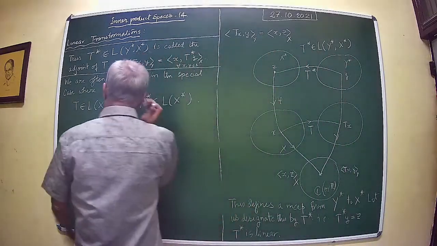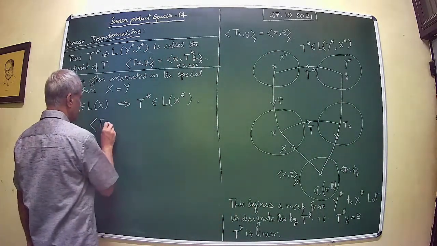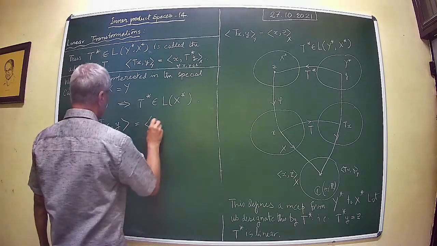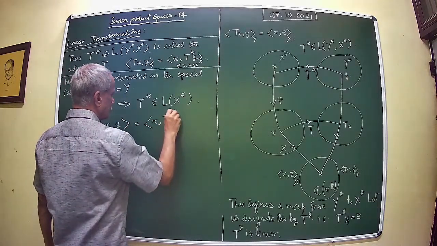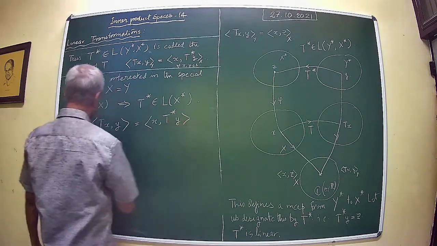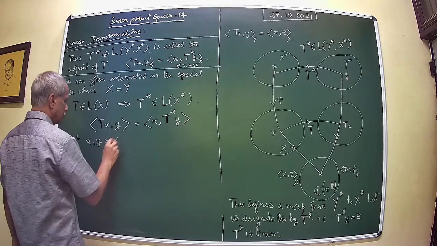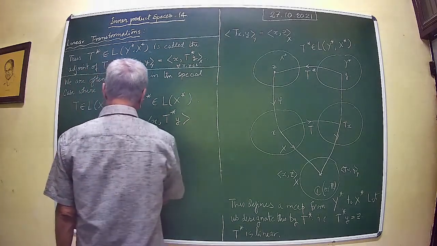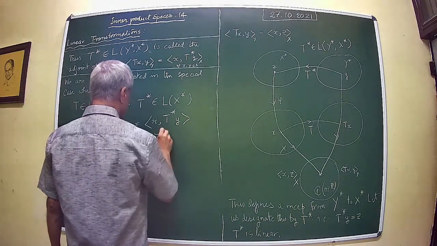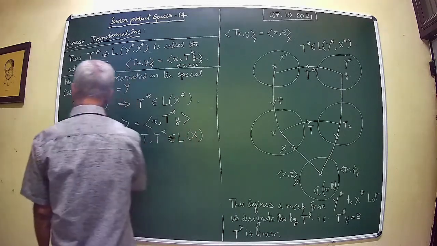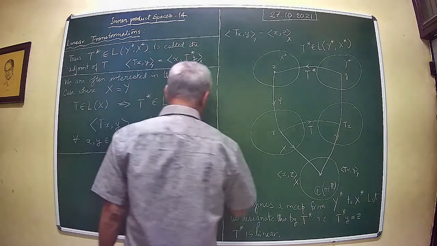So here what you have is this, and so this is what is called the adjoint operator.